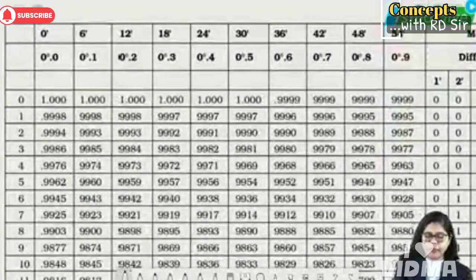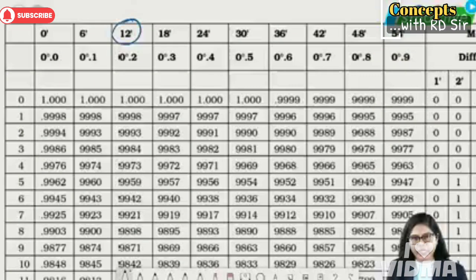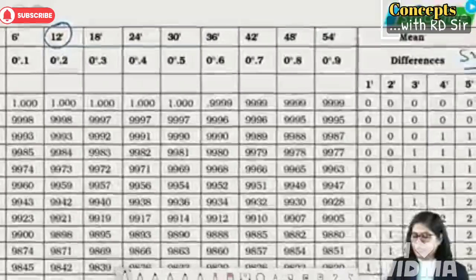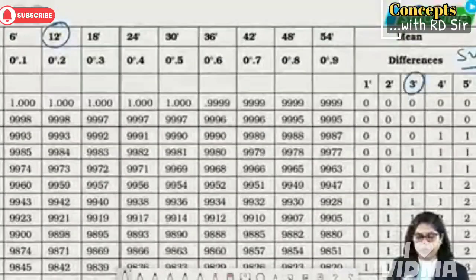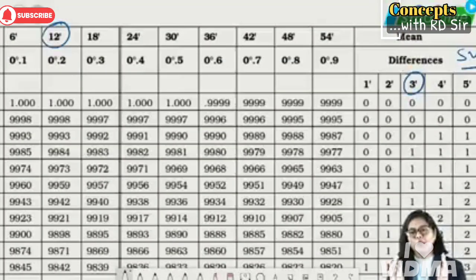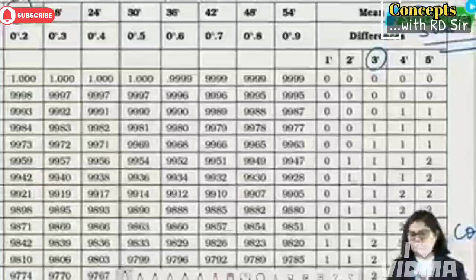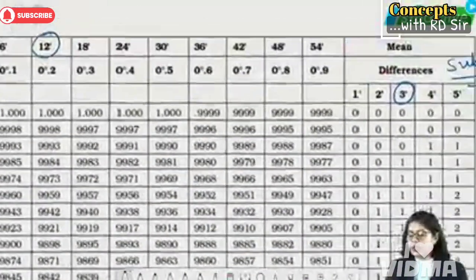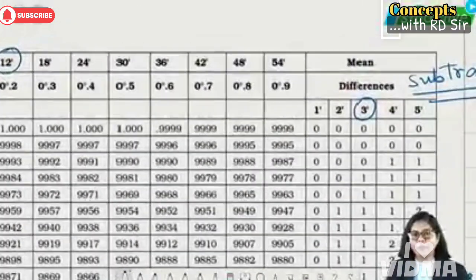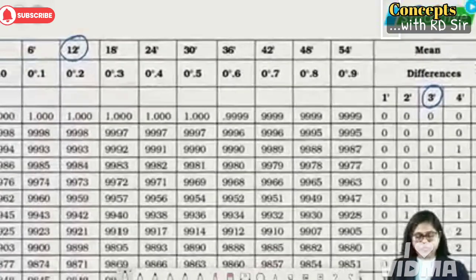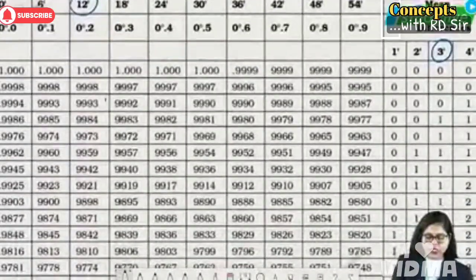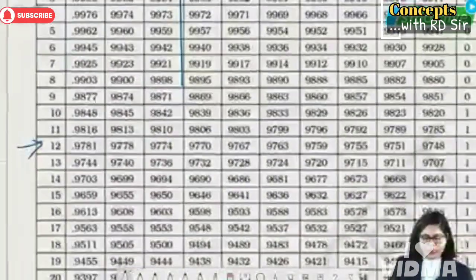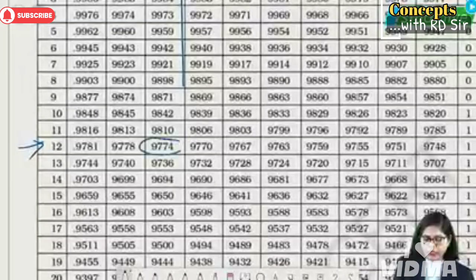We have 12 minutes, lower one I am going to take, and then one difference is 3 minutes. So 12 and 3 becomes how much? 15 minutes. So that means my value comes here, right? But here what I told you, in cos we are going to subtract mean difference. That means what is the number in 12? I am getting this particular number, that is 9774.